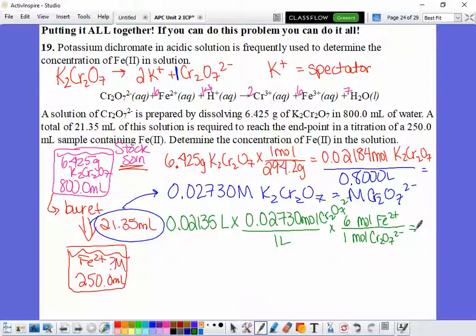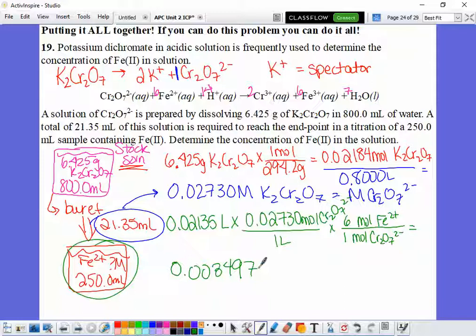So when you do that math, you'll get the moles of Fe2+ that had to be present in this solution. And then we can divide it by the volume to get the concentration. So the moles of Fe2+, when you do that math, you should get 0.003497.